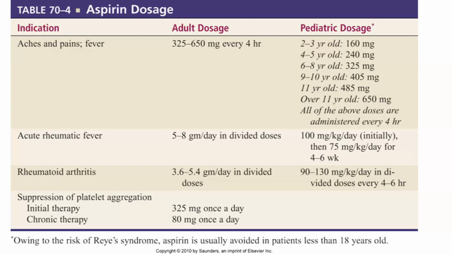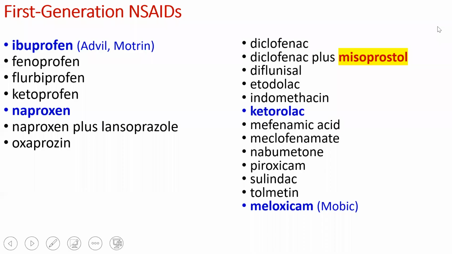The prostaglandins protect against the acidity in the stomach. However, when these NSAIDs inhibit the COX enzyme and prevent prostaglandin formation, then there will be more acid, less mucus protection, and there's a direct irritation of mucosa, which leads to ulceration of the stomach.